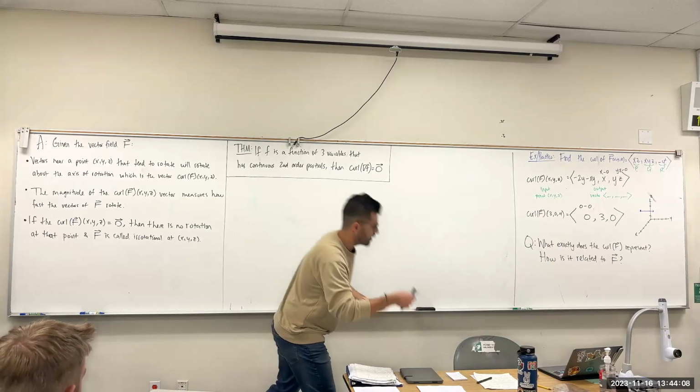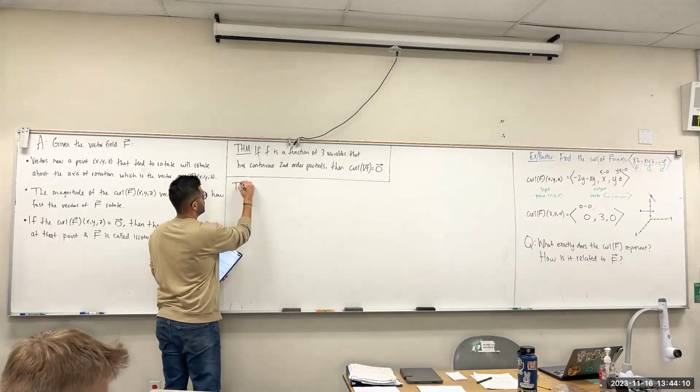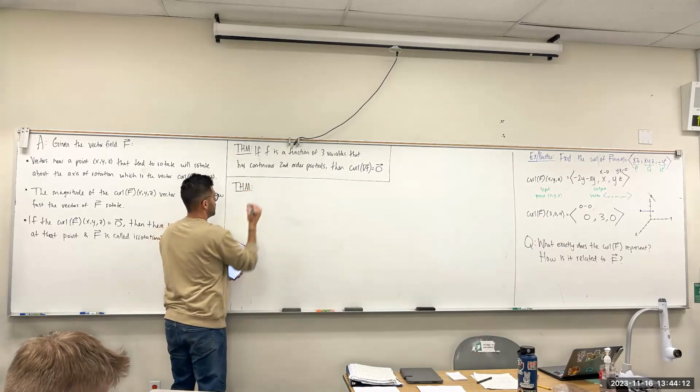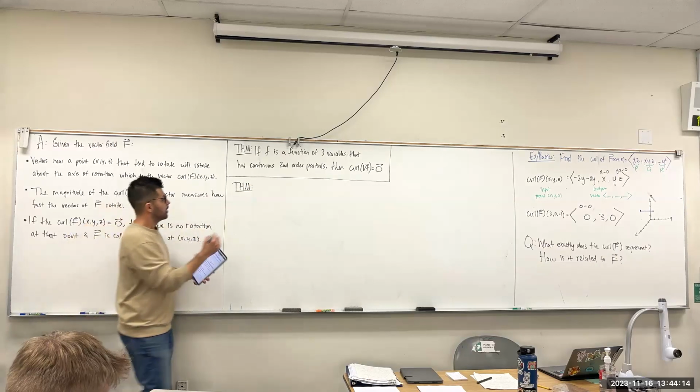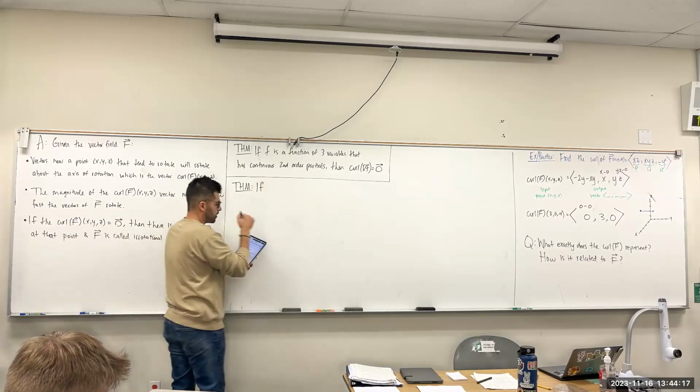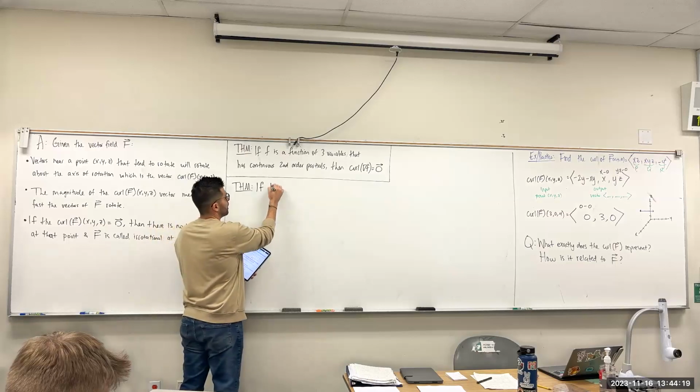Okay, so that takes us to our second theorem. I know, so many theorems. I'm sorry, guys. This is the one that's going to look similar to what we did in 16.3.